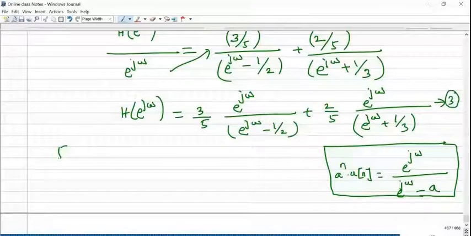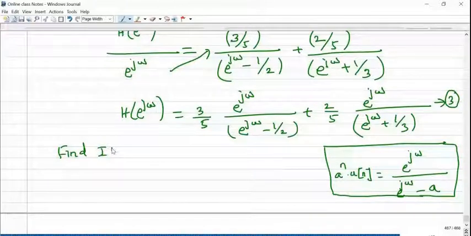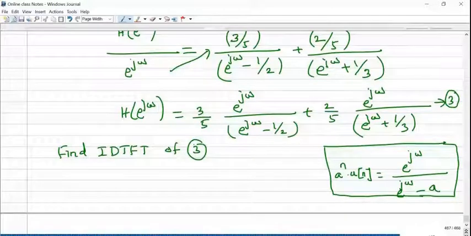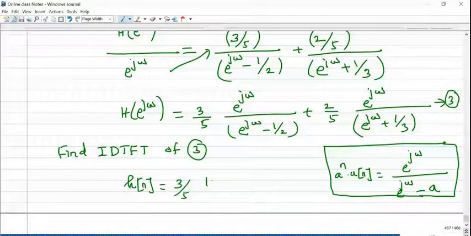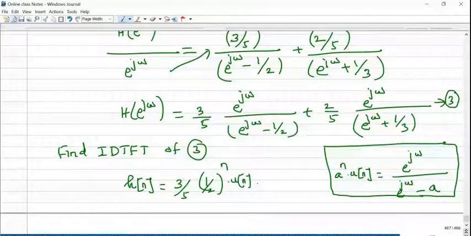Find inverse DTFT of equation number 3. So H of e power j omega becomes h of n: 3 by 5 times 1 by 2 power n u of n plus 2 by 5 times, plus 1 by 3 is 0, so you have to put minus 1 by 3 power n u of n.